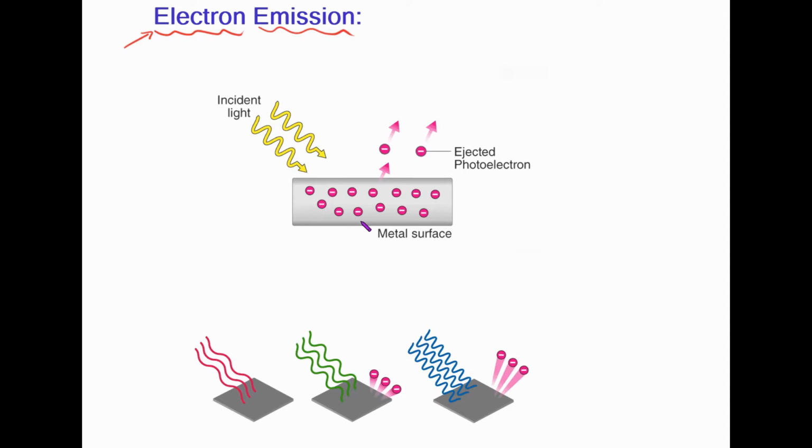One condition is that some work has to be done, because these electrons are bound to the metal; the nuclei hold these electrons to themselves. So these electrons need some energy to get emitted.